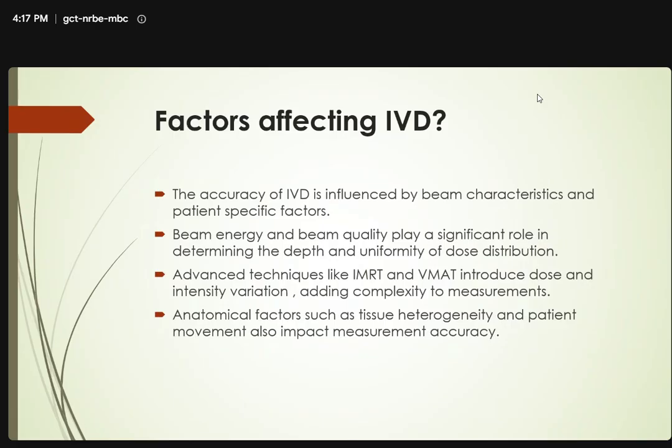Advanced techniques like IMRT and VMAT introduce dose and intensity variation, so they add more complexity to the measurement. Anatomical factors such as tissue heterogeneity and patient movement also impact the measurement accuracy.